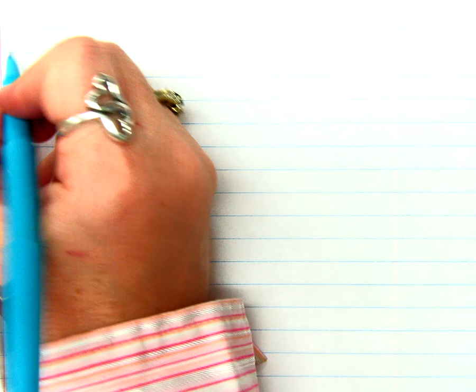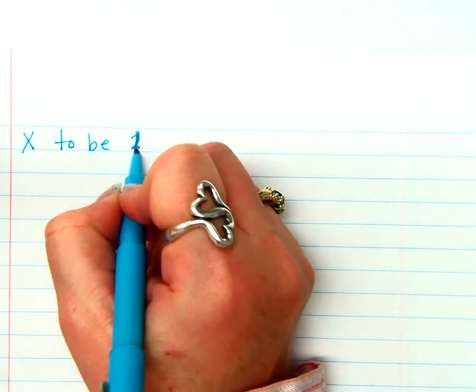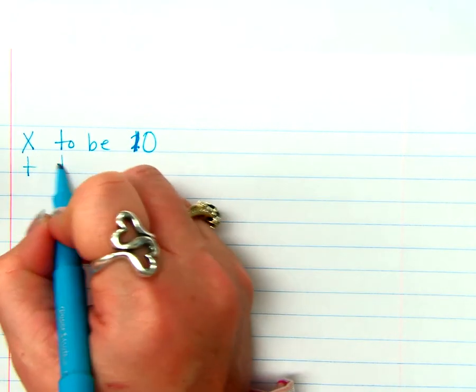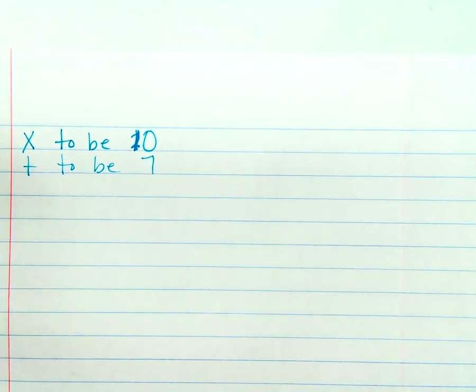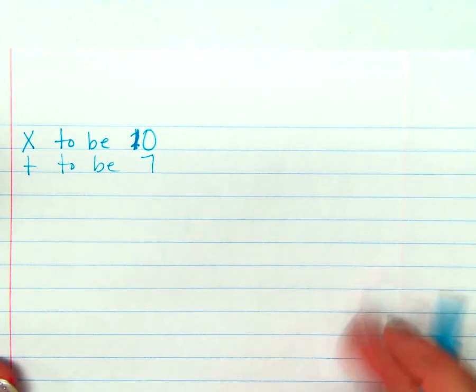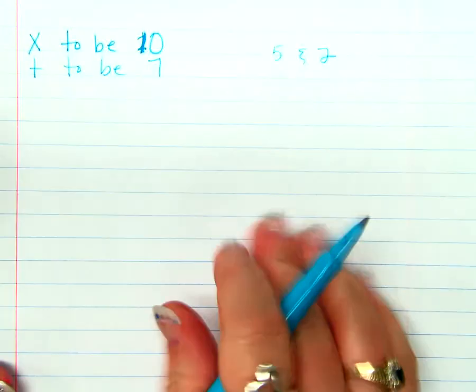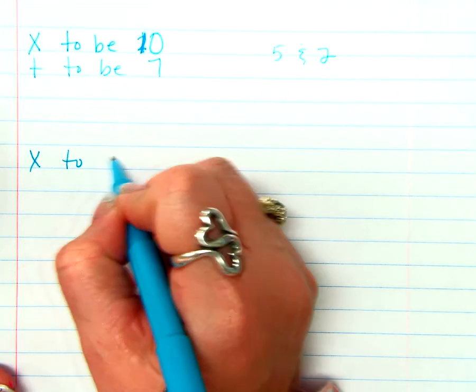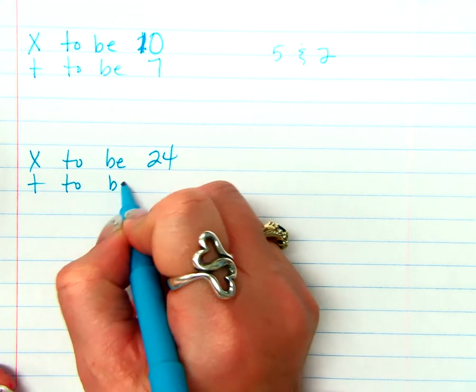what two numbers multiply to be 10 and add to be 7? What two numbers multiply to be 10 and add to be 7? 5 and 2. What two numbers multiply to be 24 and add to be 10?